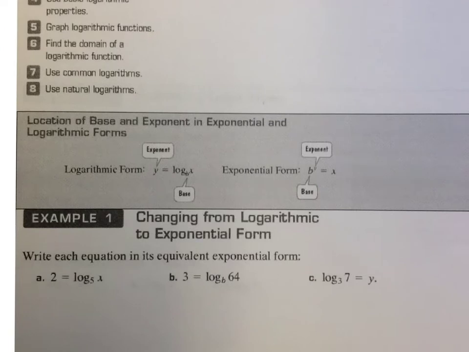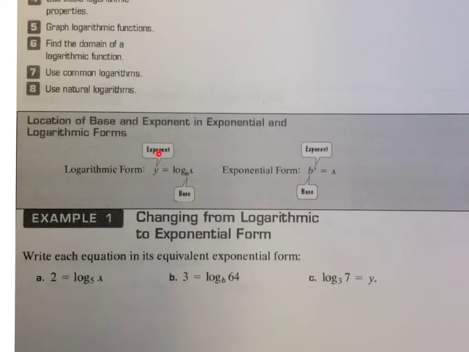So let's look at what these forms are. It says location of base and exponent in exponential and logarithmic forms. So you're going to be able to move back and forth between these 2 forms. In logarithmic form, you have y equals log base b of x. And when you're in that form, b is the base, the little subscript b, and the exponent will be what it equals to.